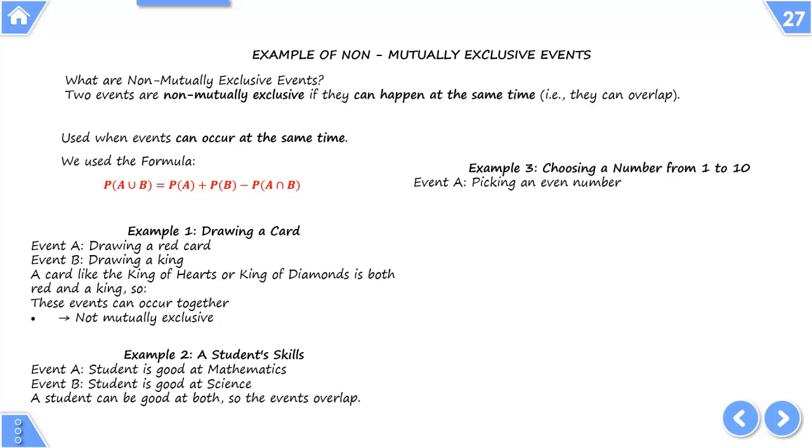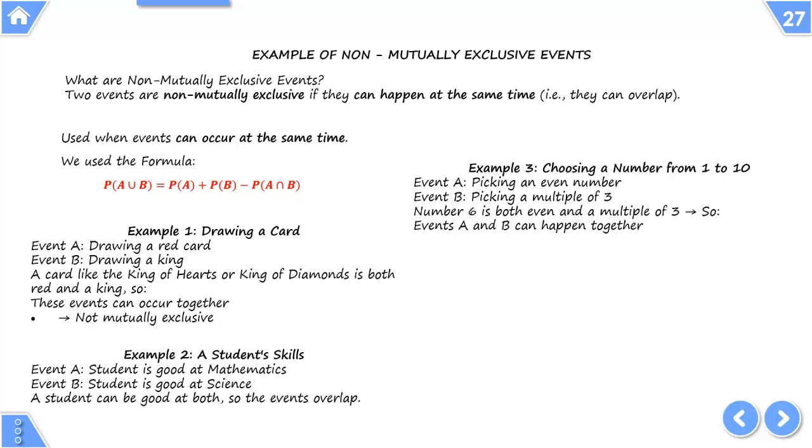Now choosing a number from 1 to 10. Event A, picking an even number, and event B, picking a multiple of 3. The number 6 is both an even number and a multiple of 3, so events A and B happen together. And so it's not mutually exclusive.